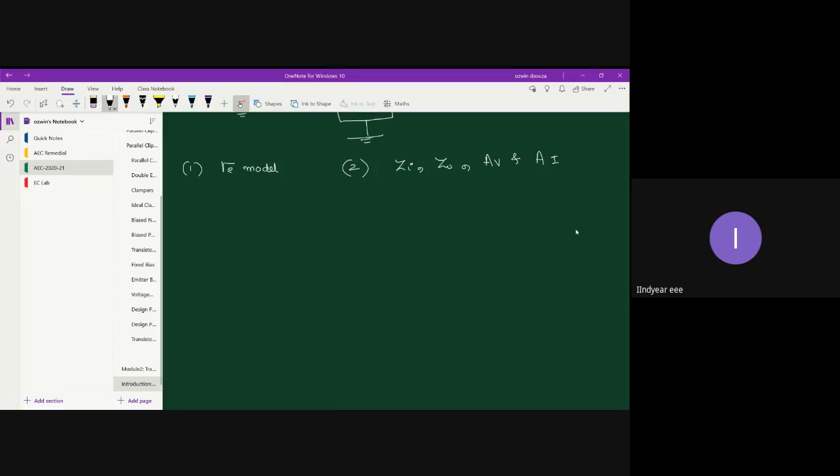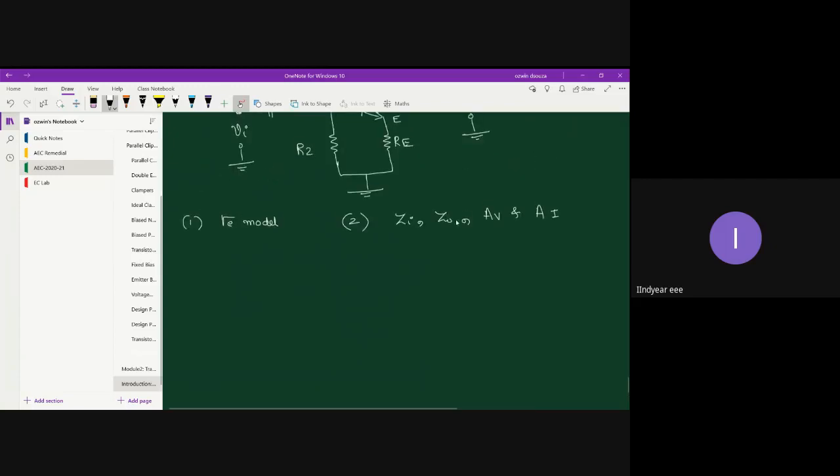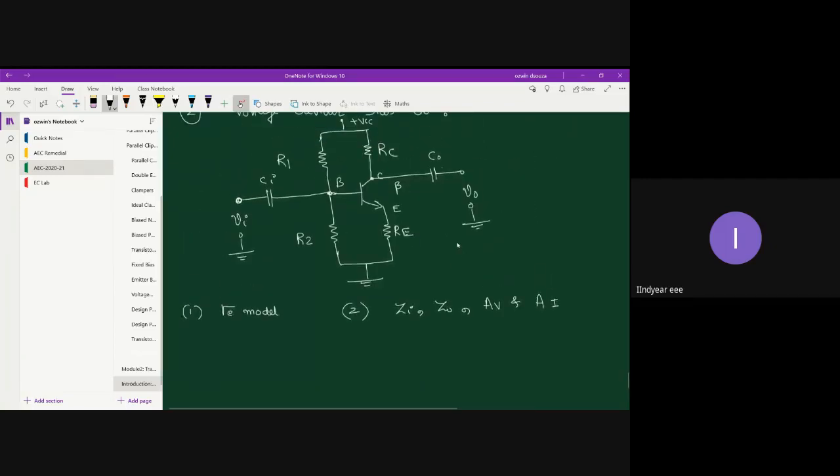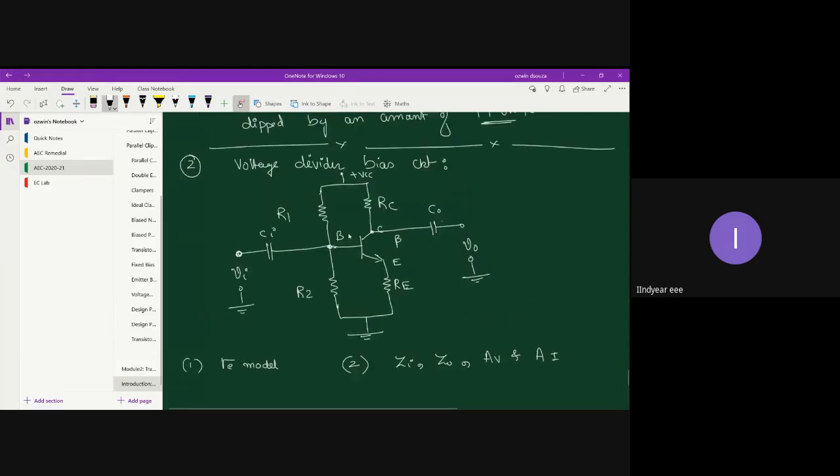I don't want you to do this today. I'll do it tomorrow. No problem. What I'll do today is circulate a quiz based on the fixed bias circuit, or probably I can include voltage divider bias. Today's quiz, I'm telling you the portion now, is going to be on voltage divider bias circuit, so we will have certain quiz questions.